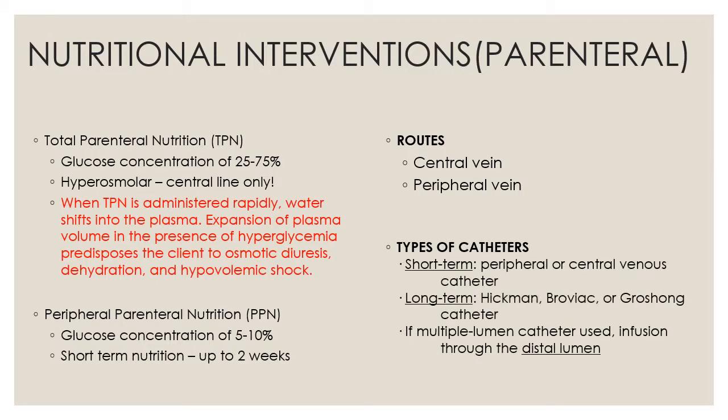The different types of catheters are dependent on the length of time that it's going to be provided. For short term, you can do peripheral or centrovenous catheter. For long term, you want a Hickman, a Broviac, or a Groshong catheter. And if there's a multiple lumen catheter used, infusion is done through the distal lumen only.